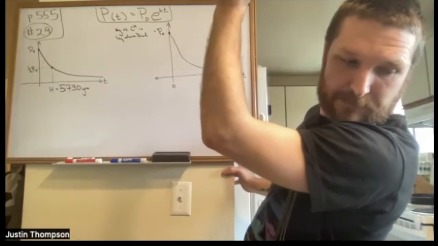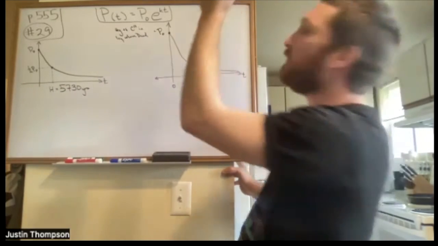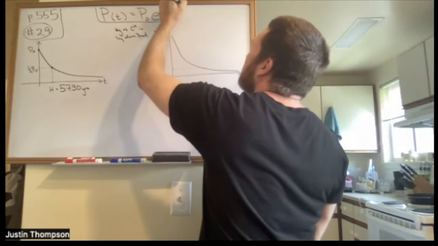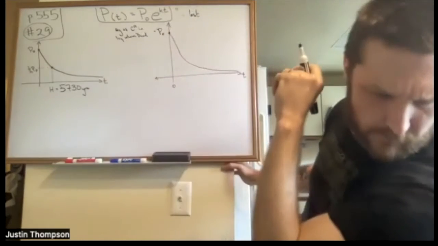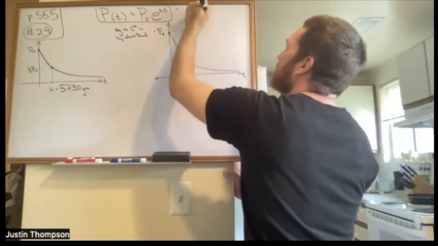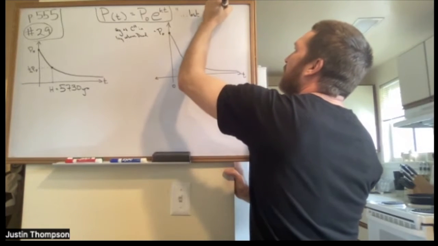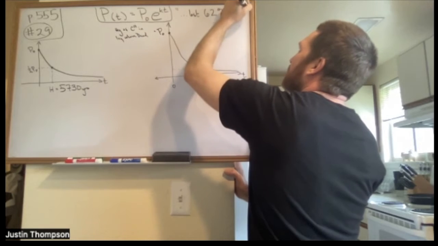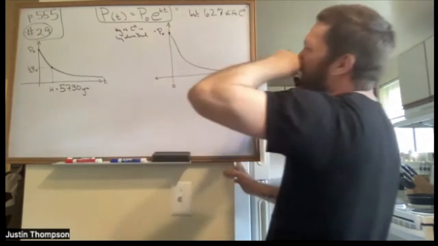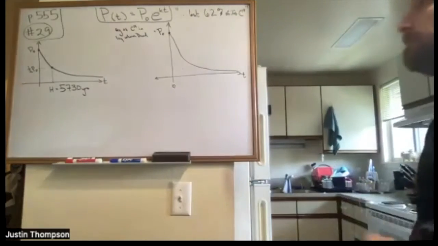This says, I'm going to write it up here so we could really look at it. It was found to have lost 62% of its carbon-14. Now we need to translate that into this picture right here.